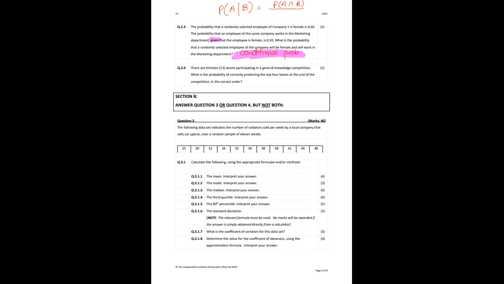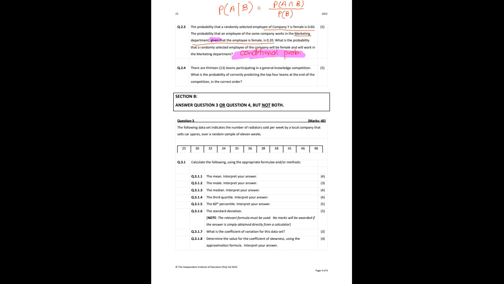Now, in this question, they told you that the probability of an employee being a female is 0.6, and the probability that an employee of the same company works in the marketing department, given that the employee is female, is 0.2. So basically, what you have is this figure at the bottom and this figure on the left.